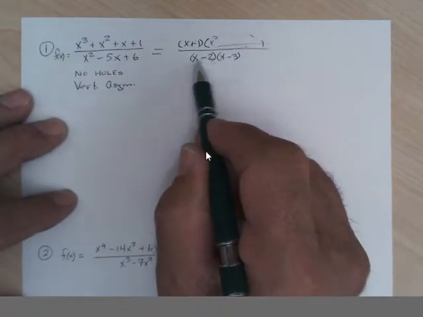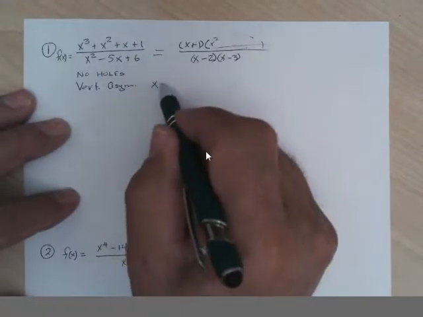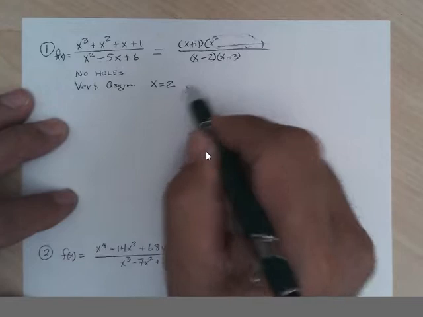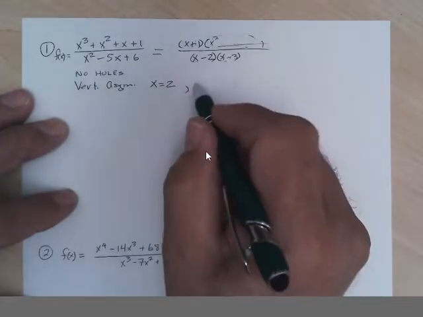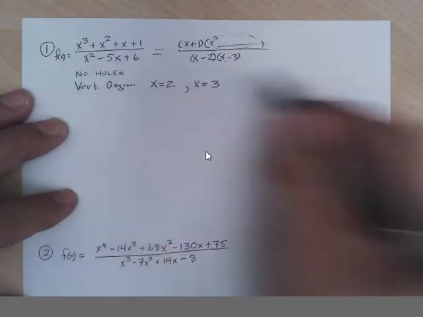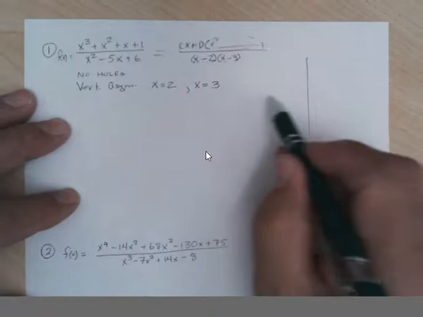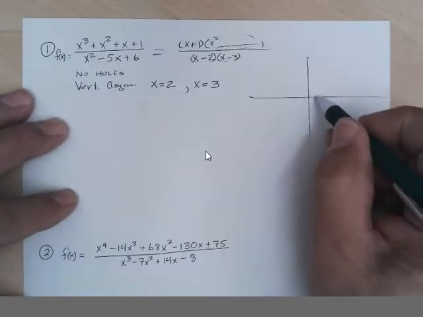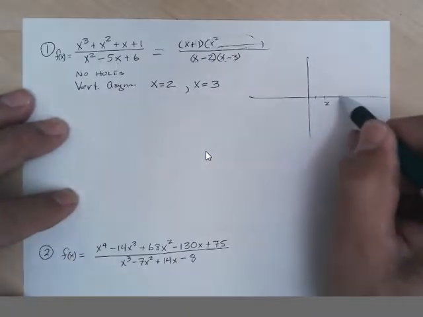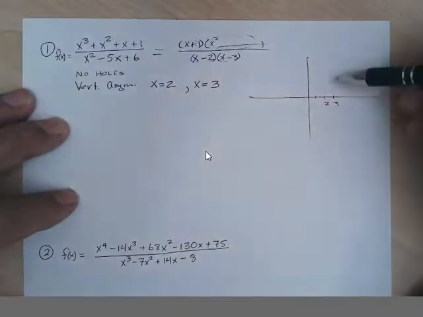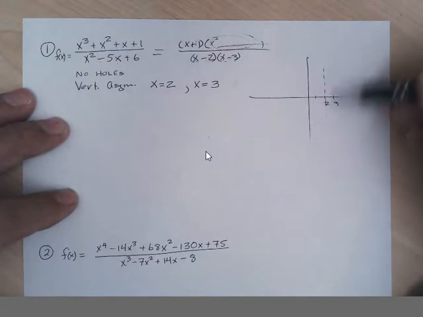And the denominator is 0 at 2, so x equals 2 is a vertical asymptote, and x equals 3. So in my graph, at 2 and at 3, there's a vertical asymptote there at both of those places.